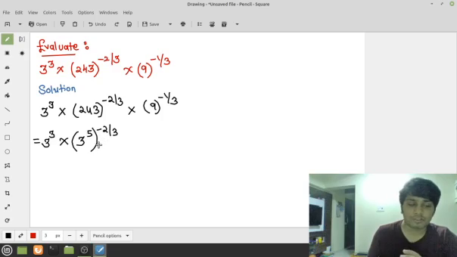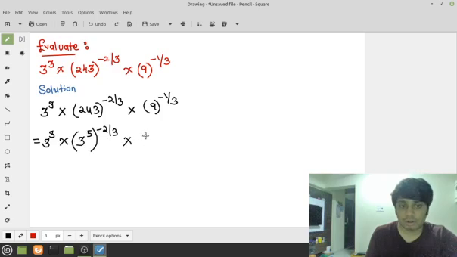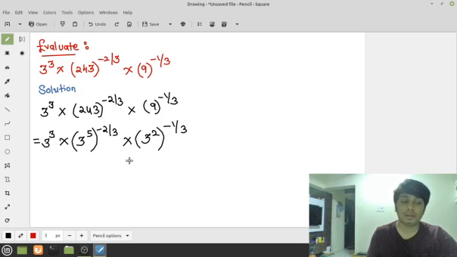In short, if you multiply 3 five times, you get 243. Multiplied by the number 9. 9 can again be written with the common base 3, as 3 squared, the whole raised to minus 1 upon 3, because we have a power already there, right?